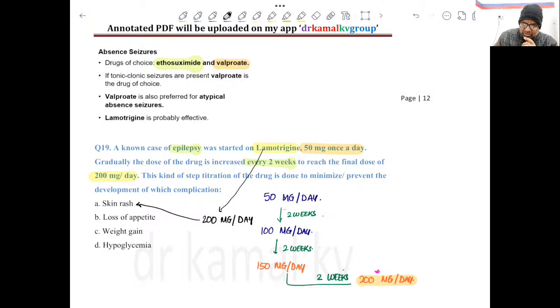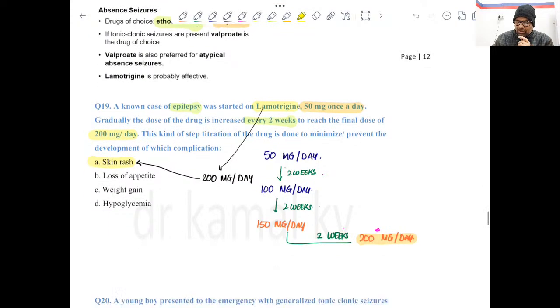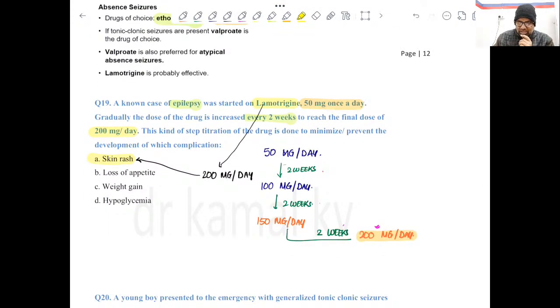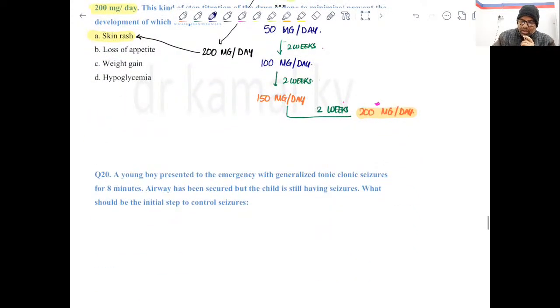So to avoid this complication, we are not giving the entire dose at once; we are gradually increasing it over a course of a few weeks. So this is very important in relation to lamotrigine. Clear? Now moving forward, a boy has generalized tonic-clonic seizures, and this is for 8 minutes.